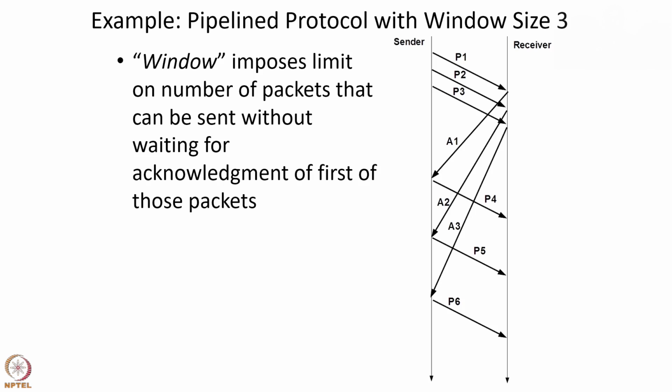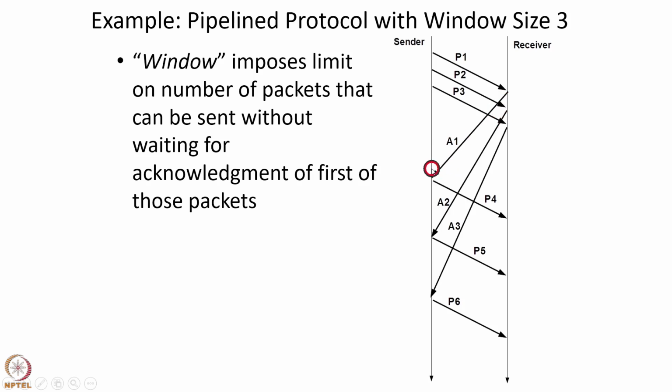So here, since the window size is 3, the sender sends 3 packets, packet 1, packet 2, and packet 3, and then it gets blocked because the window only allows it to send 3 packets, and then it must wait for the acknowledgement of the first of the packets. Now, since the acknowledgement of the first packet is received, only packets 2 and 3 have been sent and not yet acknowledged.